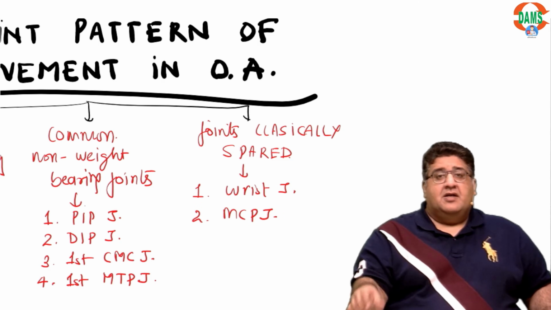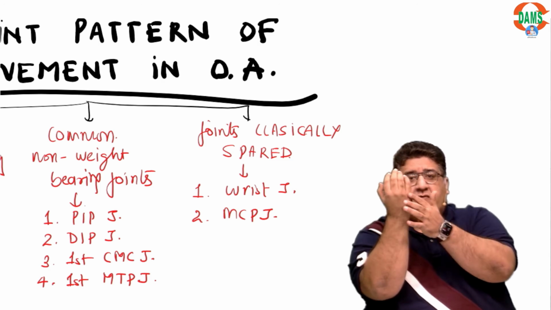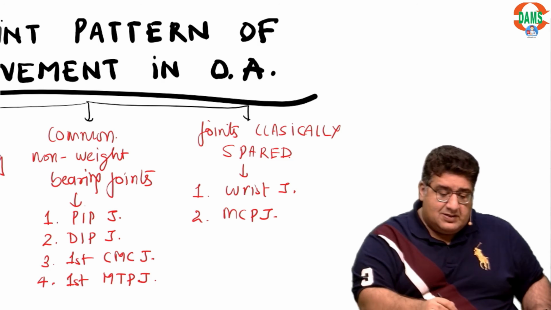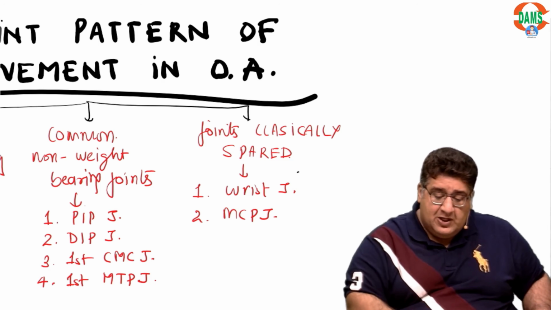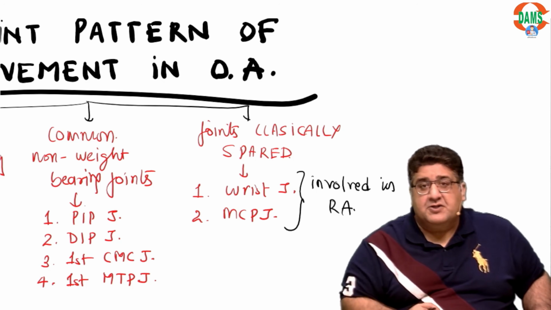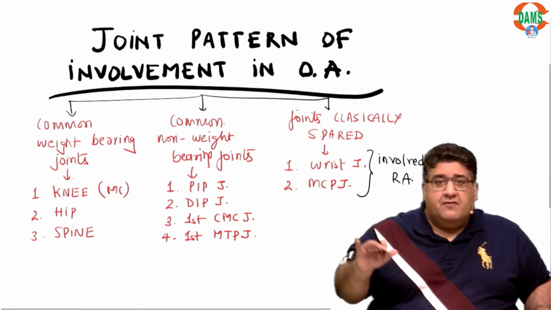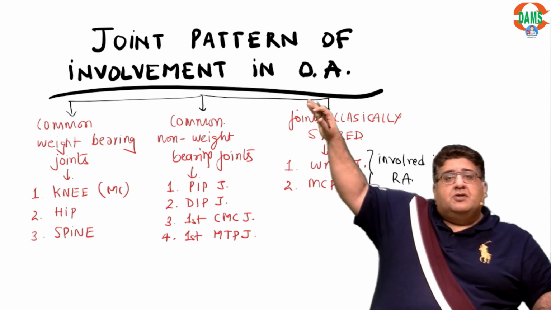So again, I insist that the two joints which are classically never involved are wrist and metacarpophalangeal joint. They are not involved in osteoarthritis because they are classically involved in rheumatoid arthritis. So this is the classical joint pattern involvement in osteoarthritis.